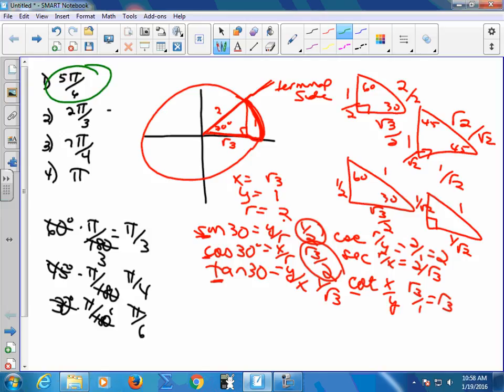So we reflected it into this quadrant, into this quadrant, and into this quadrant. It's going to have all these numbers, but they'll be positive or negative depending on whether x is negative or positive, and y is positive or negative.